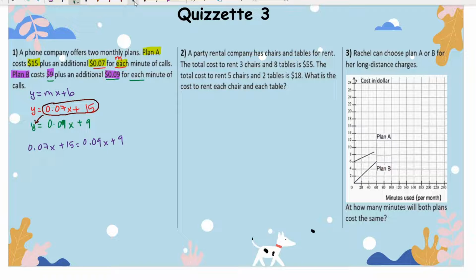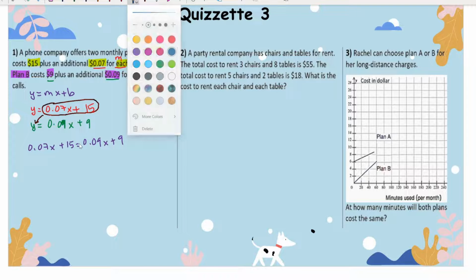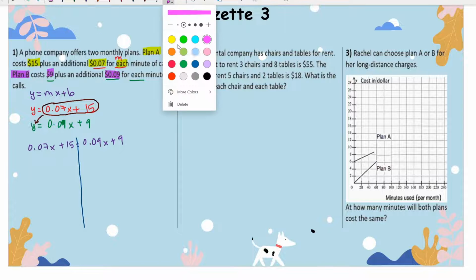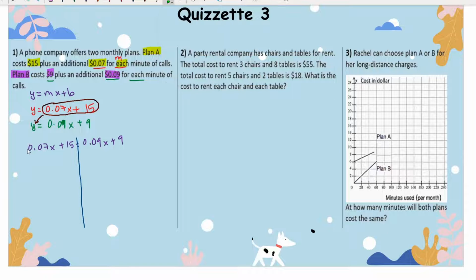Alright, how do you solve for x? Okay, since we have the variable on both sides, 0.07x and 0.09x, we're going to move one of them to the other side. We will subtract 0.07x on both sides.